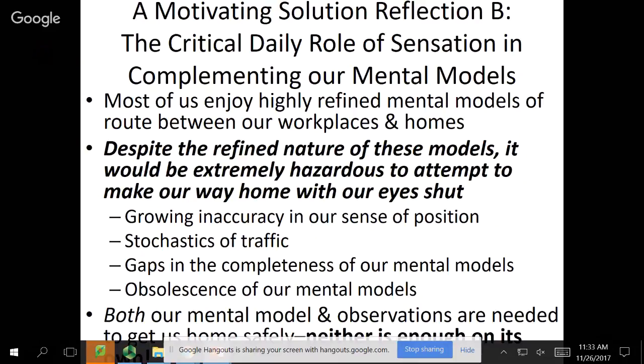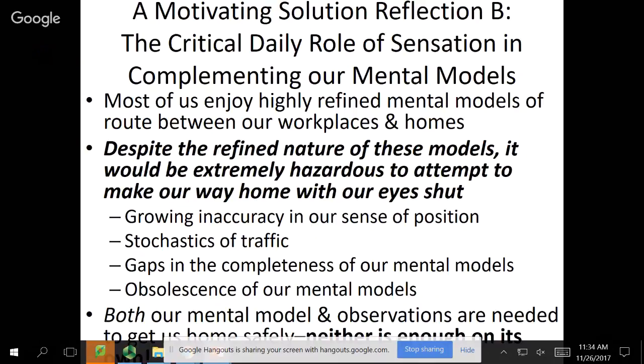And this reflects the fact, and I highlight these things because they're non-trivial, that there's growing inaccuracy. The longer we go without a grounded input about where we are right now, the more and more off our sense of position will tend to be. Unless we have some input to reground us, generally we'll grow more and more disconnected from where we are.